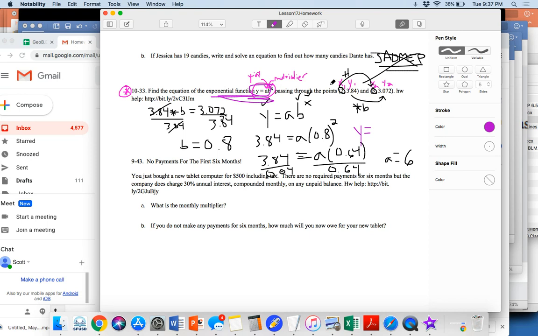So it's an x and y relationship, and then this a and b thing, those are parameters. Those aren't independent or dependent variables. So at the end of the day, if you're finding the equation of a function, you're not going to see a in it, you're not going to see b in it, you'll just see x and y. So we're just going to replace what we found for b and what we found for a in order to write the equation of this function. So y equals 6 times 0.8 to the x power.